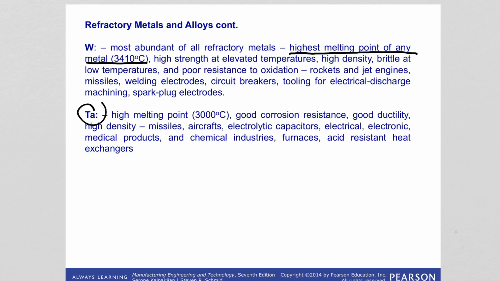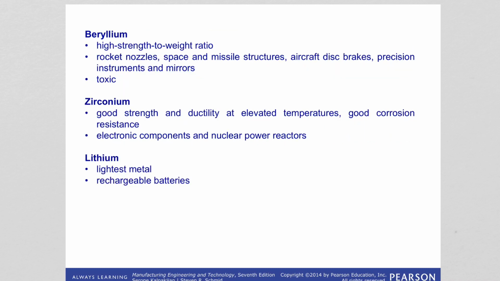Okay, so the next topic is beryllium. When we look at beryllium and its alloys, basically it has a high strength to weight ratio, and unalloyed beryllium is used in rocket engines, space and missile structures, aircraft disc brakes, precision instruments and mirrors.